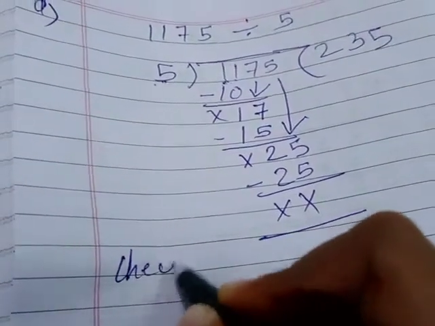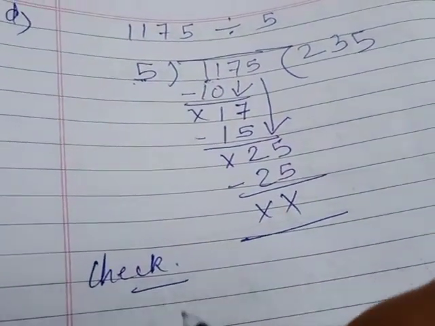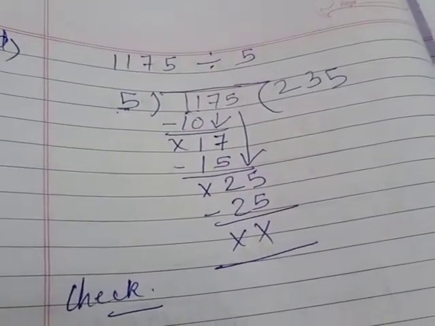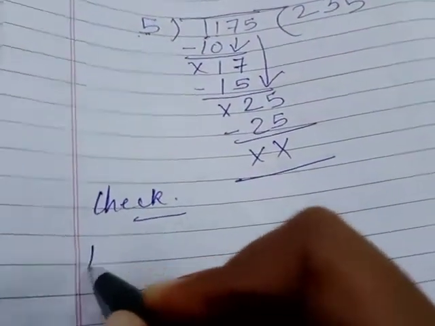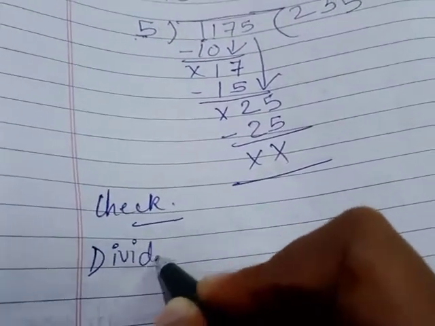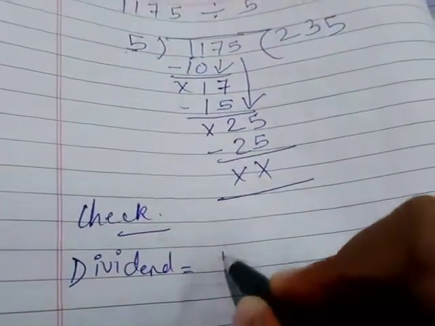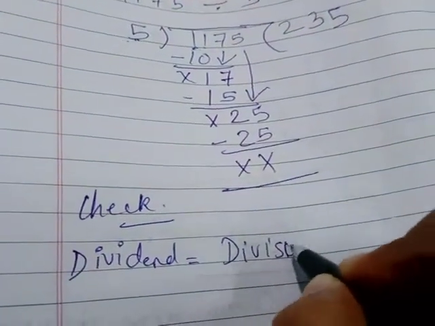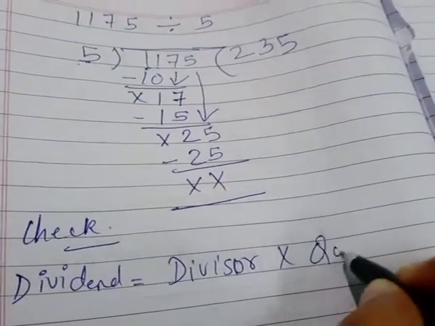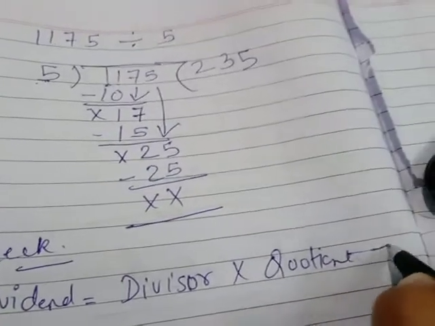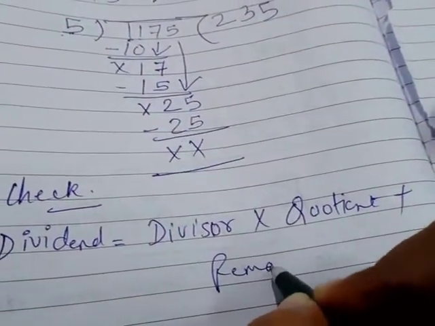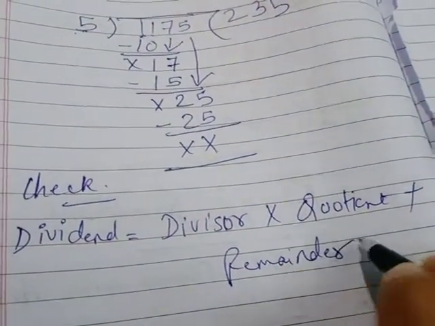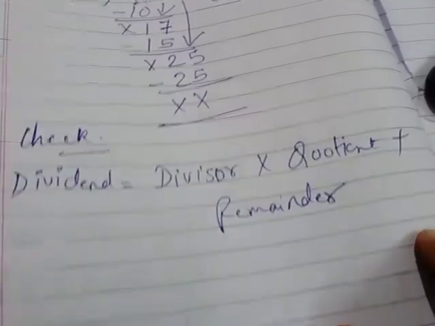Now we are about to check our solution. For checking the solution, we have a formula, that is dividend equals divisor times quotient plus remainder. This is the formula. What does this formula say?